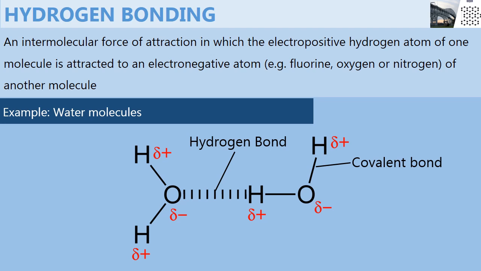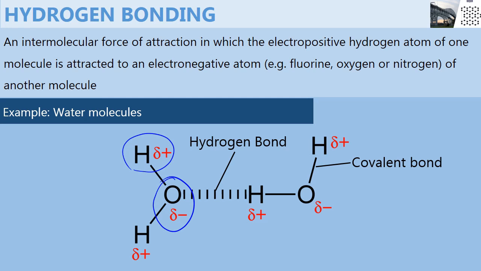Now oxygen is electronegative, so it pulls electrons towards itself here, and therefore it develops a partial negative charge. Once it develops the partial negative charge, hydrogen automatically develops a partial positive charge.